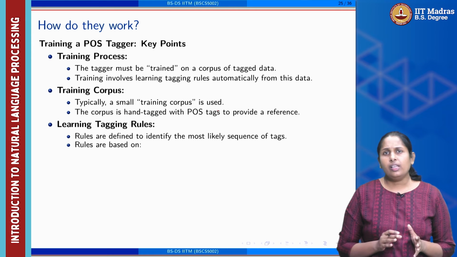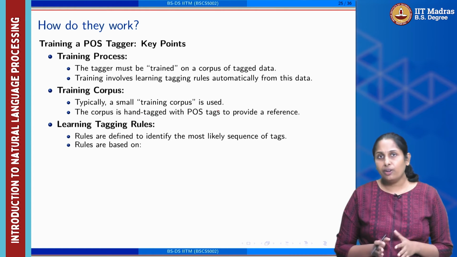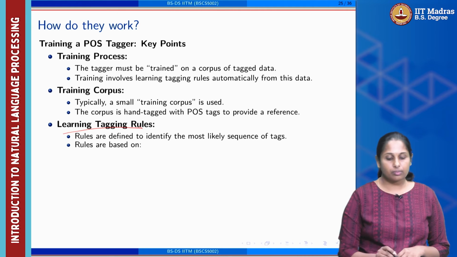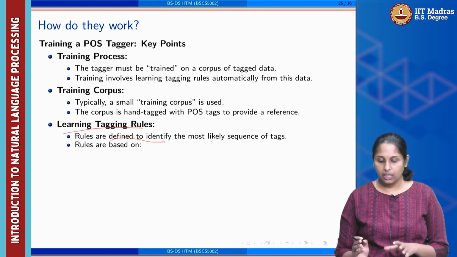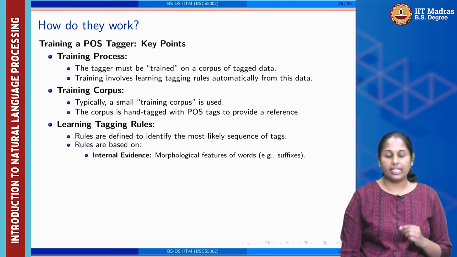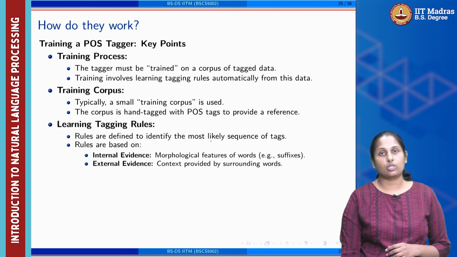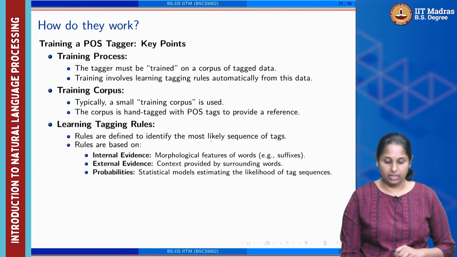Now, do they need to use rules? Yes, they need to use rules. They learn the rules using the tagged corpus. So rules are identified through the most likely sequences. It is based on internal evidence, again the morphological features. It uses the contextual, external evidence, and it also uses probabilities.